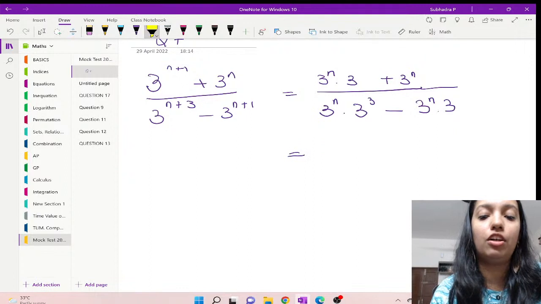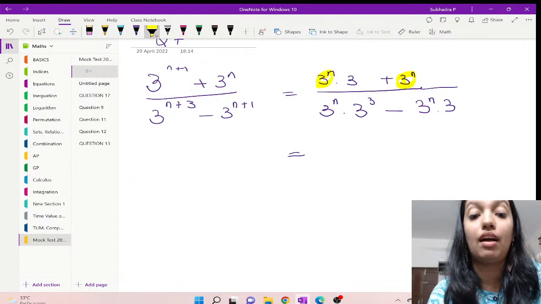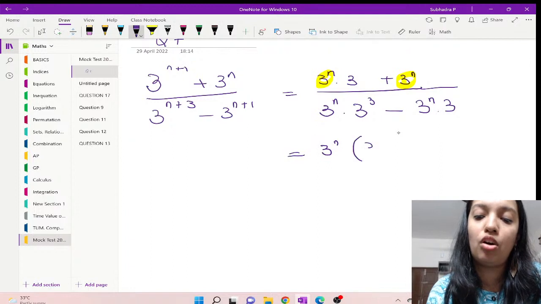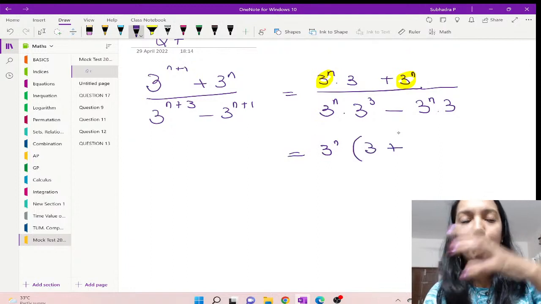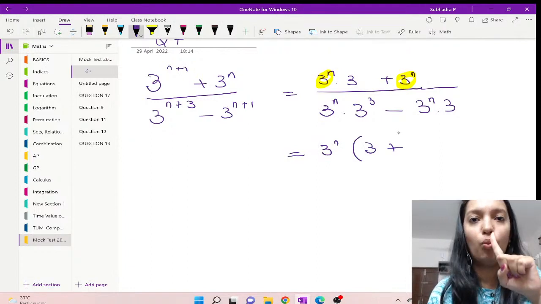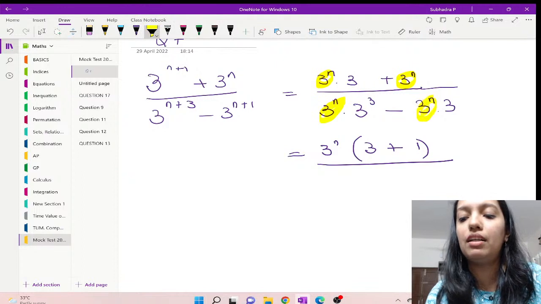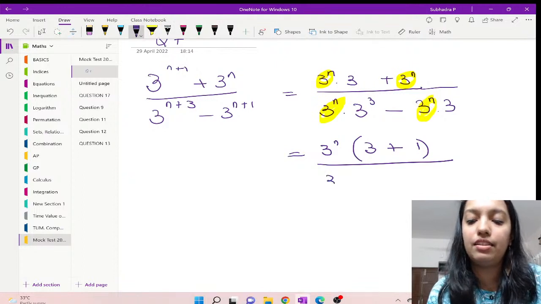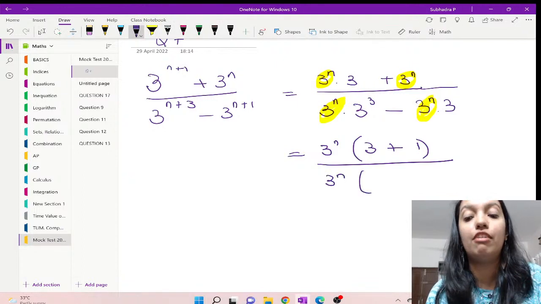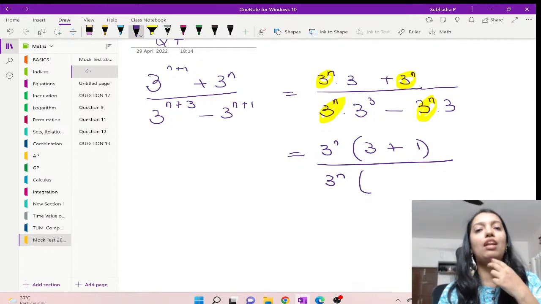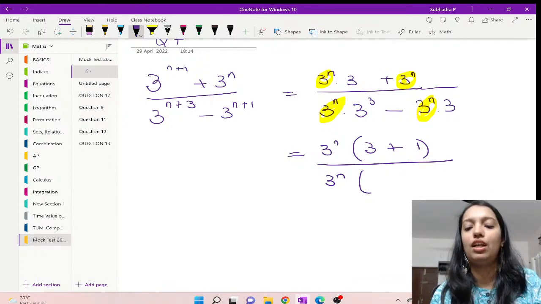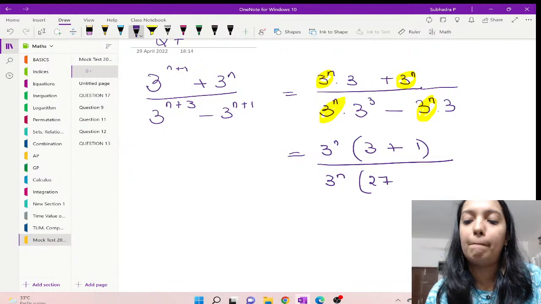Can you observe 3 power n as common in the numerator? So take it outside. You have 3 power n of 3 plus, and if I take 3 power n outside, what is left out? 1. Divided by, even in the denominator, I can observe that there is 3 power n and 3 power n. That means I take 3 power n outside. What is left out? 3 cube. What is the value of 3 cube? 3 into 3 into 3, 27, minus 3.